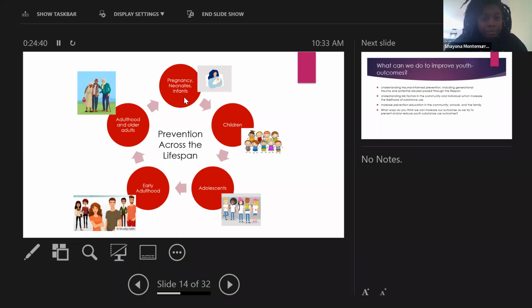Going through this cycle, we know, like I said before, that infants may have developmental issues or fetal alcohol syndrome, which is a disorder from alcohol during pregnancy that could lead to developmental delays. Moving into children, before the age of puberty, we want to ensure that we teach about prevention at this age, because children are curious.